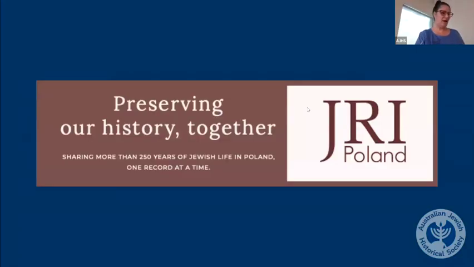Now we're going to go on to JRI-Poland. Now, JRI-Poland and JewishGen are inextricably linked. When you do searches in JewishGen, you will sometimes see records that are in JRI-Poland in your search returns.